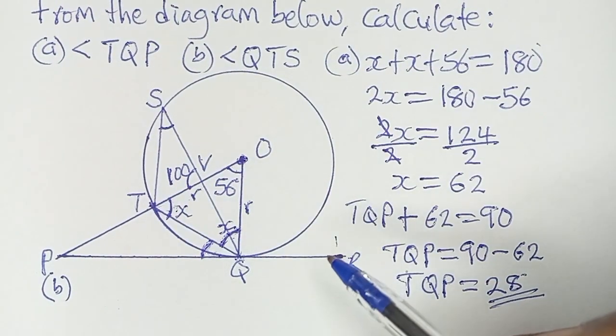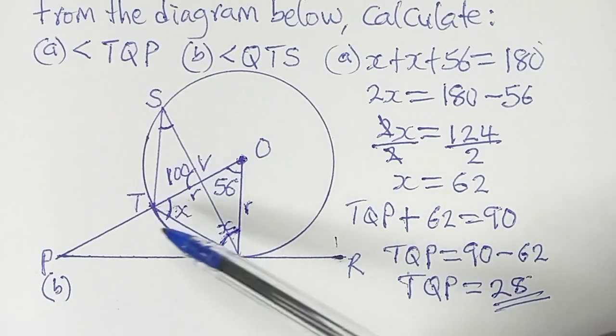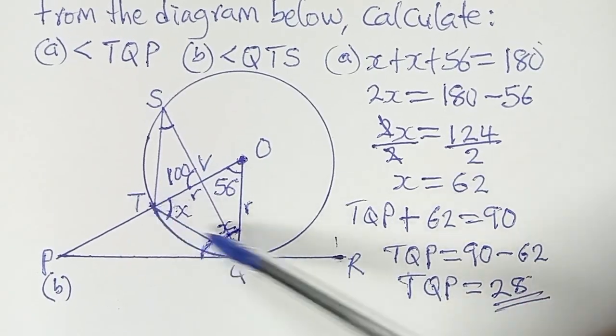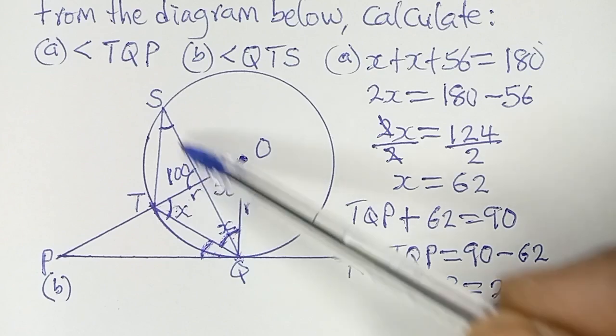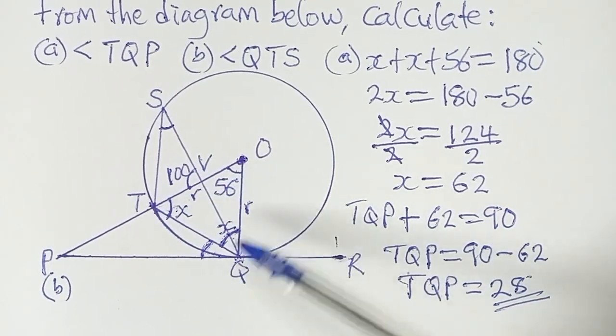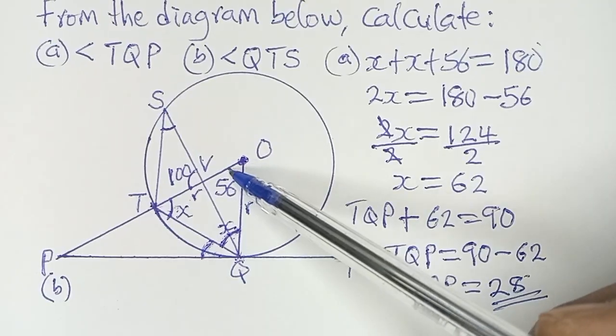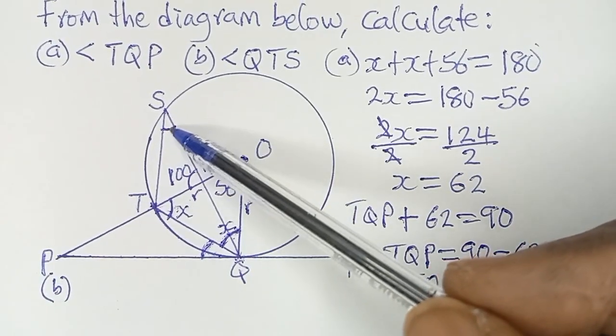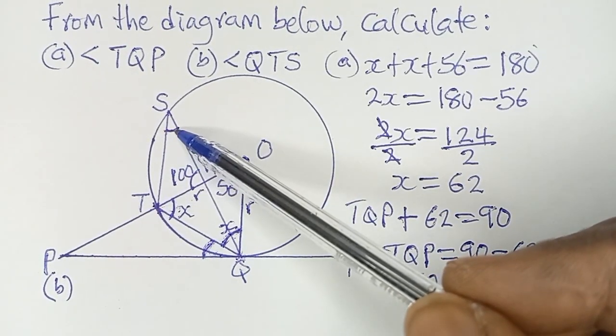So now you agree with me that in a situation like this, where lines are coming from the same point, a pair goes to the circumference, another pair goes to the center, the angle at the center is twice that at the circumference.